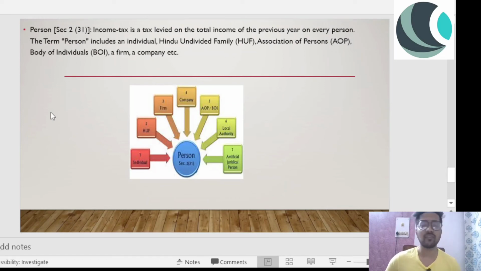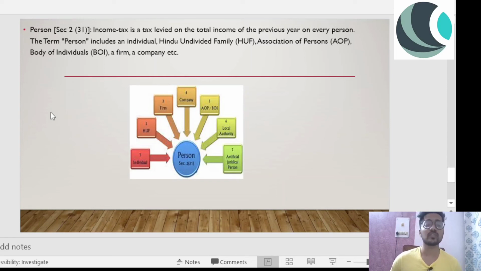The first thing that you have to know is person, which is mentioned in section 2, subsection 31. Income tax is levied on the total income of the previous year on every person. So does every person here mean an individual? No. Income tax is a tax levied on the total income of the previous year on every person.